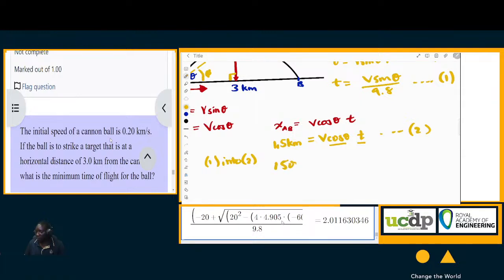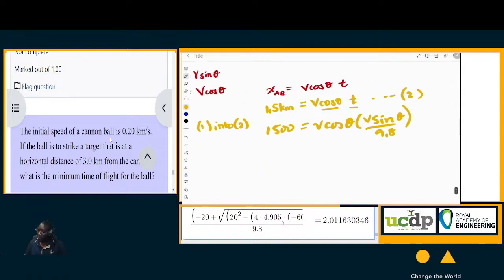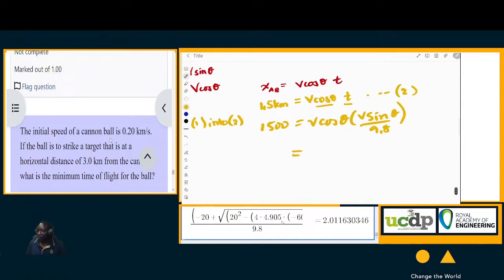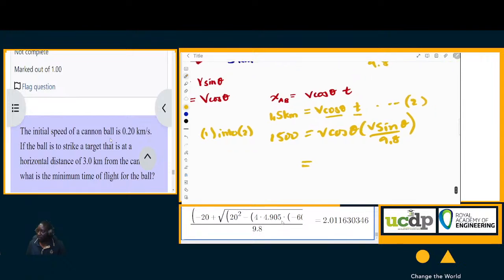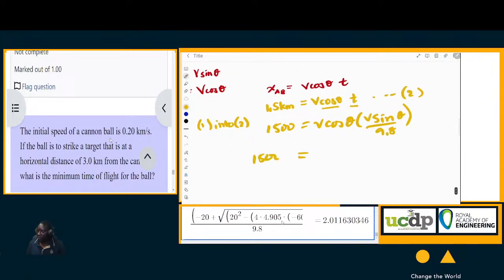So 1500 equals V cos theta times T, which is V sine theta over 9.8. Because our V is 20, right? So 1500 equals 20 times 20, which is 400, times cos theta sin theta, over 9.8.